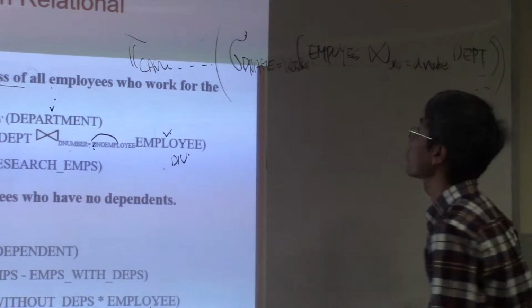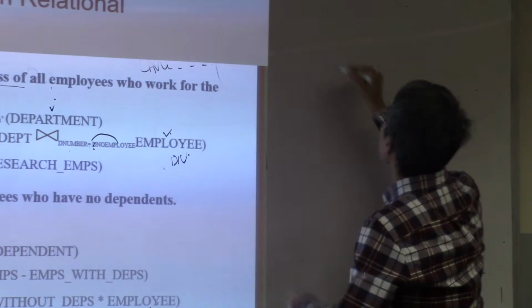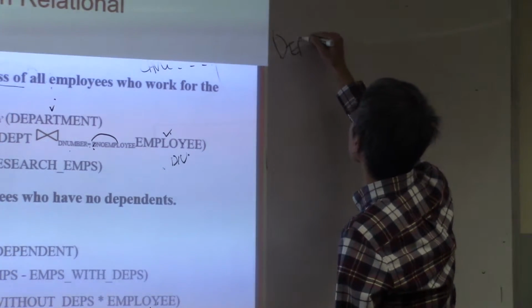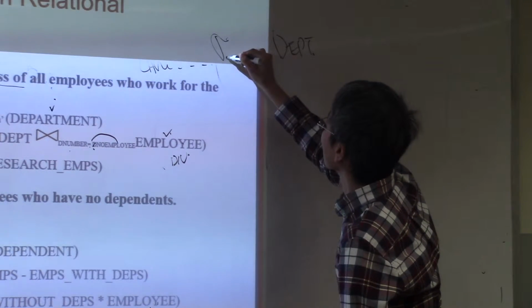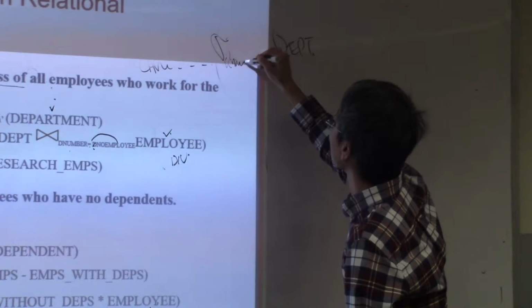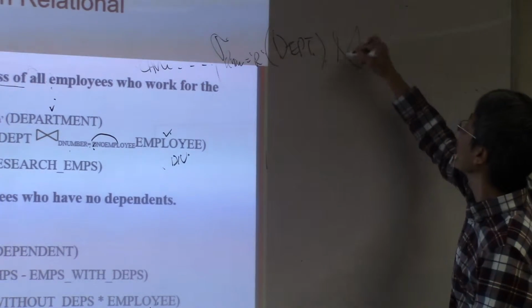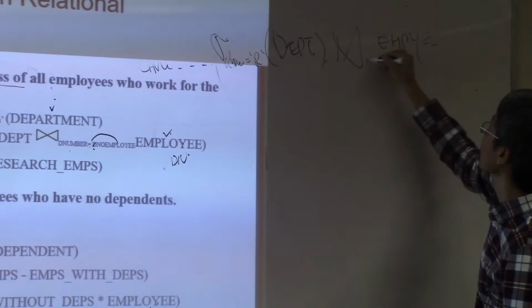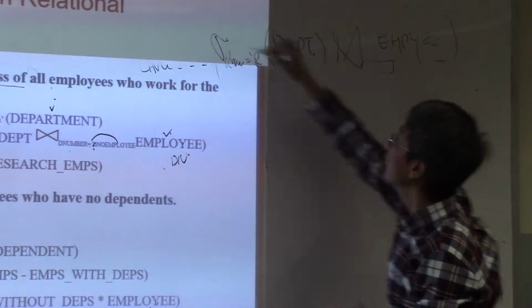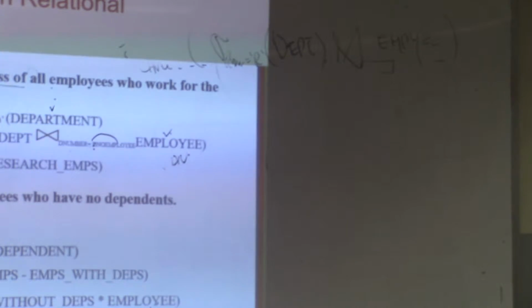Totally fine. Also, I can do the research department first: select DEPT where D name is research. Then join with employee. The condition is the same, then projection. There are many different ways. The only difference is the performance.